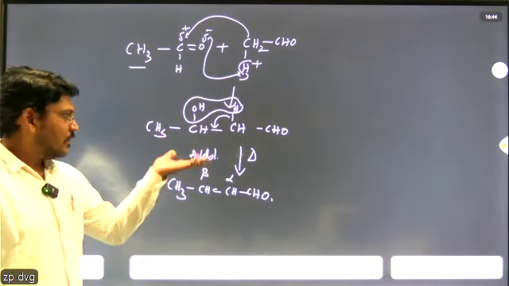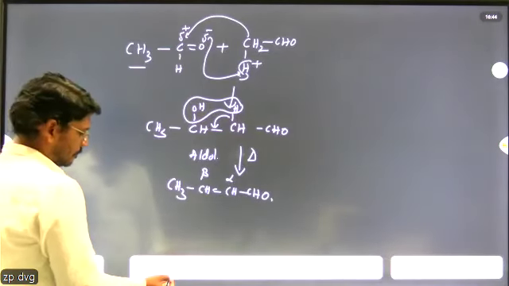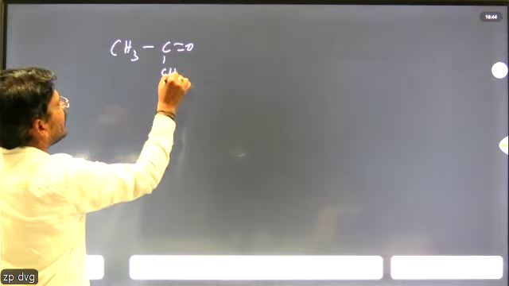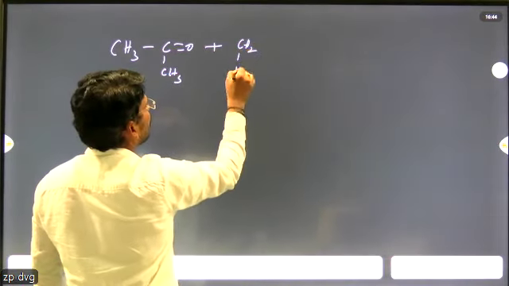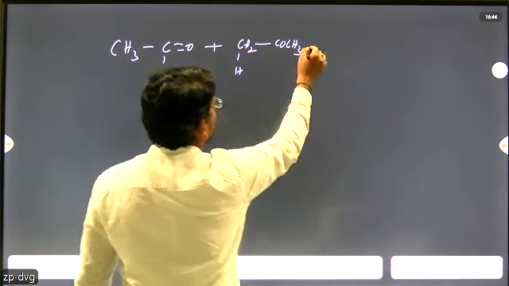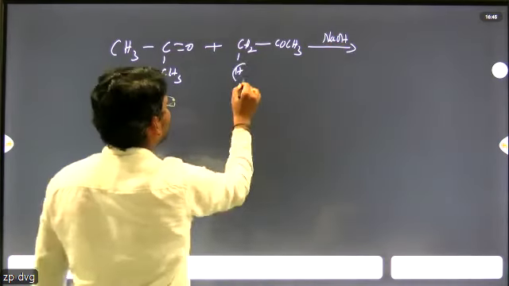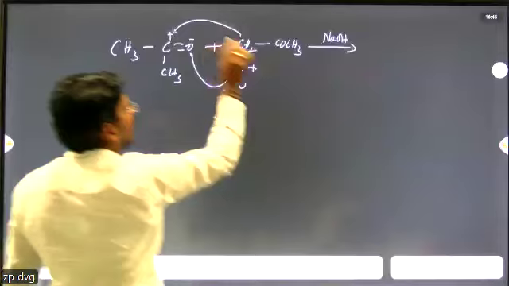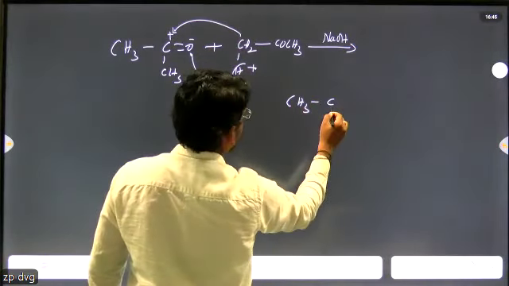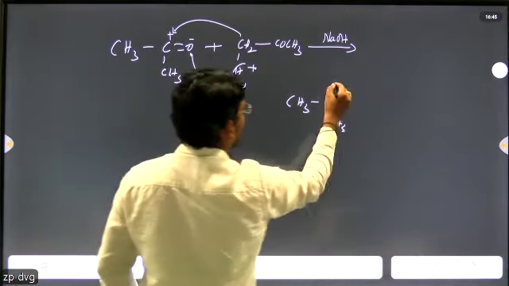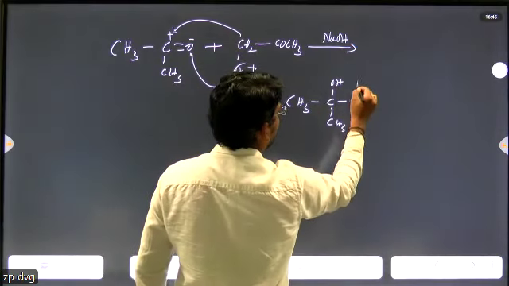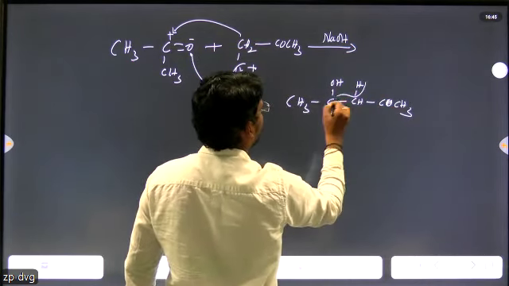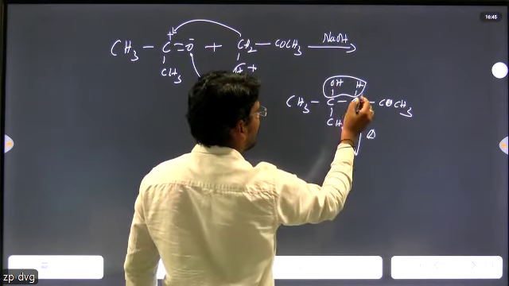Not only acetaldehyde, we can consider aldol condensation for a ketone also. In the ketone, in one component we keep the C double bond O open, CH3. In the other, we keep one alpha hydrogen open, so here we consider COCH3. When this component reacts with sodium hydroxide, NaOH, the same H plus ion is removed, and the bond shifts to here. Then again CH3 C, here one CH3, and here one H, and it contains COCH3. After this water molecule is heated at high temperature, removal of water molecule takes place.